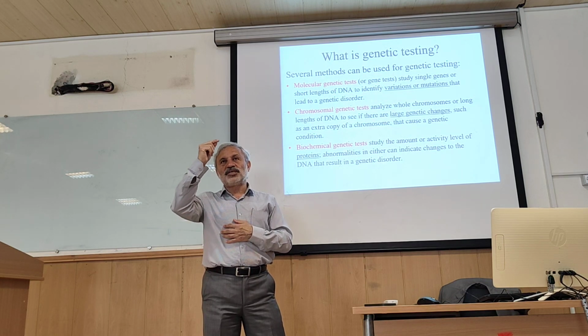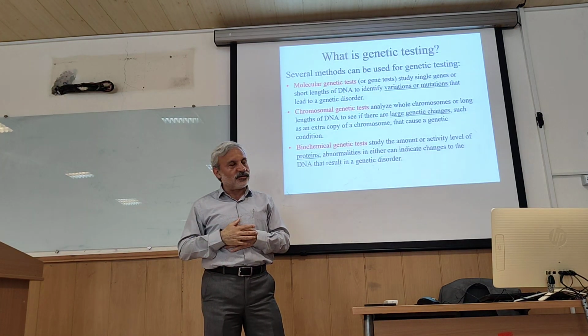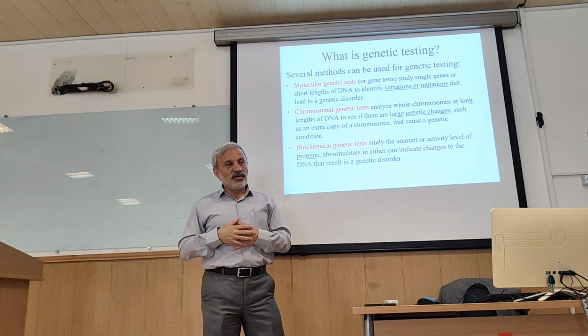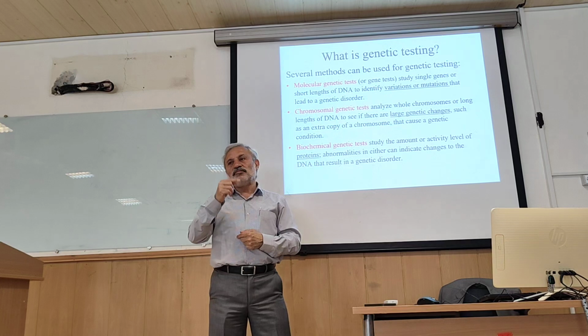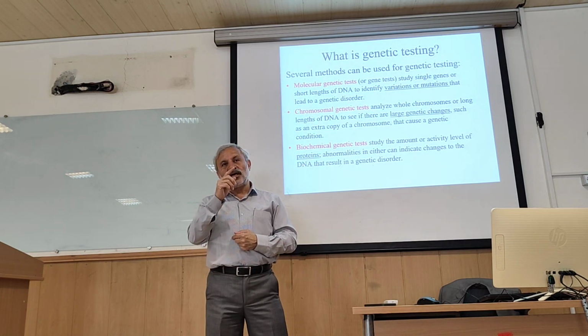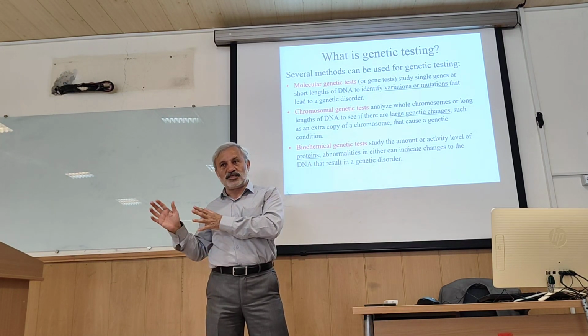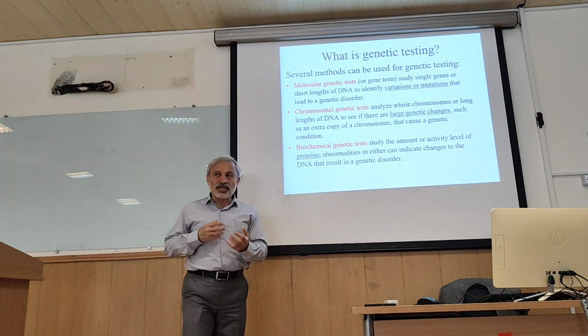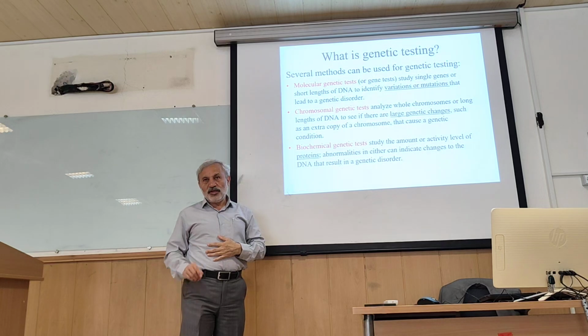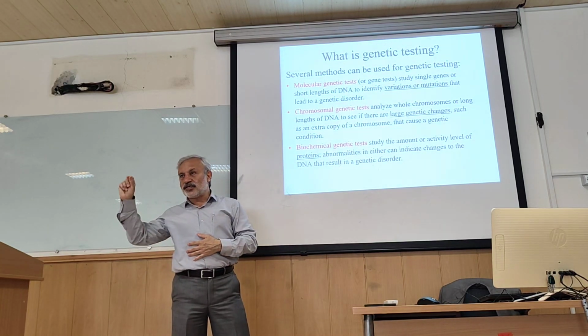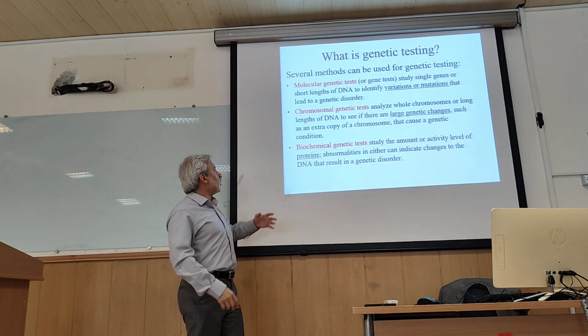For example, changing T to C in one gene. This change makes a mutation, and this one is the cause of a disease. How we can check it is molecular genetic. To check T, C, A, G, T, something like that.